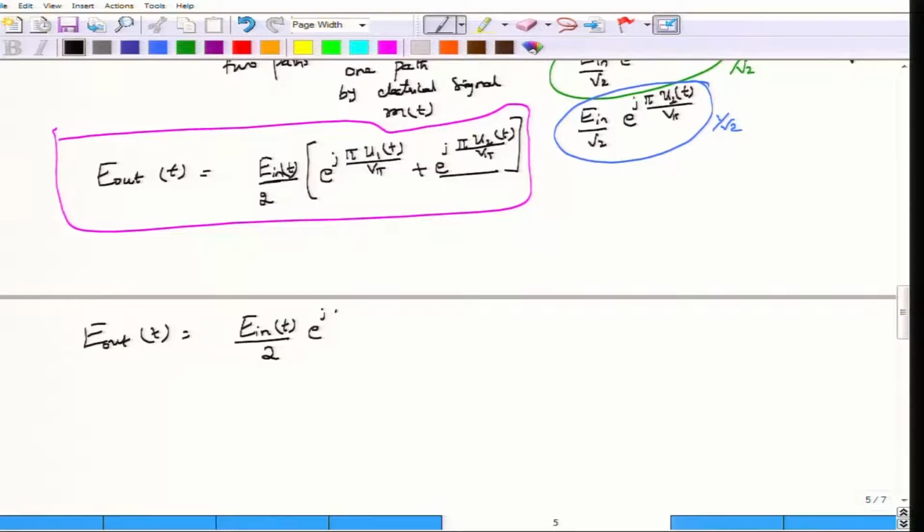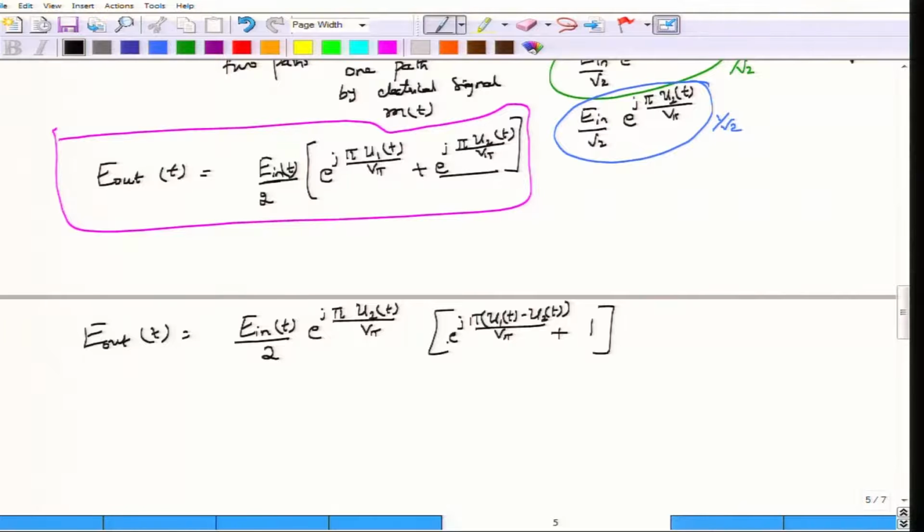The phase factor which I am taking out is e to the power j pi u2 of t divided by v pi. If I take that out, what do I have left? Well, there would be 1 in place of this e power j pi u2 of t, but here I will have e power j pi (u1 of t minus u2 of t) divided by v pi. Okay. So, this is what I have now.